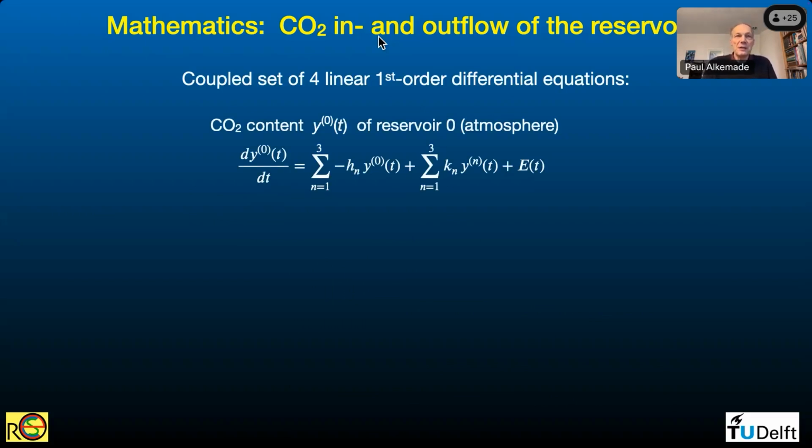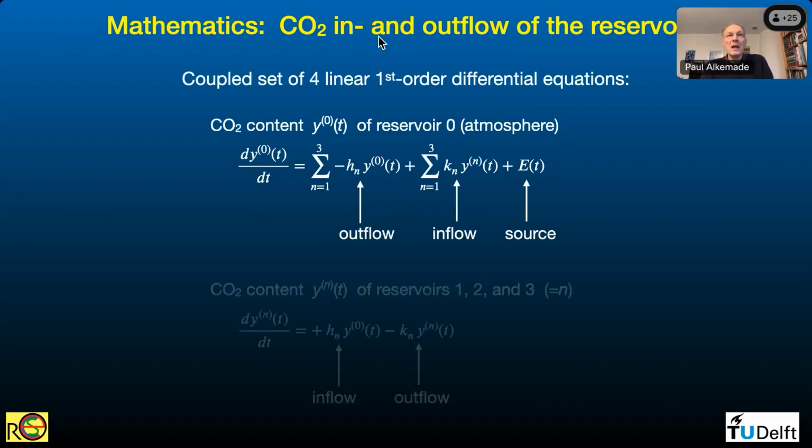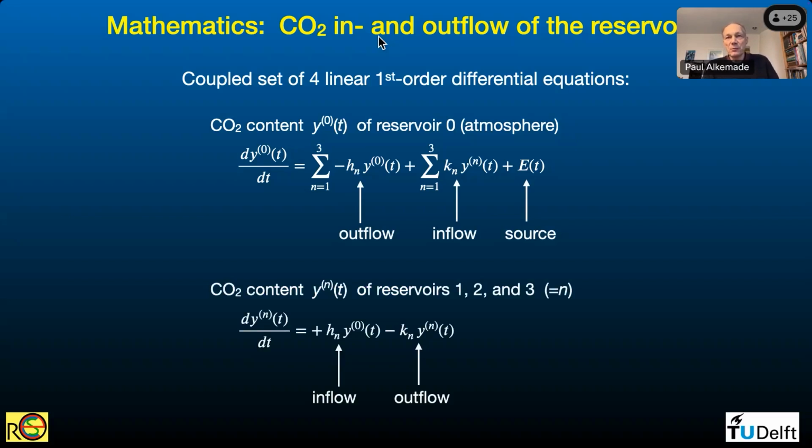The change in time of Y, the CO2 content, is the sum over the outflow to the side reservoirs plus the sum of the inflow from the side reservoirs plus the emission term E. The CO2 content of the side reservoirs 1, 2, and 3 is almost similar, but there is no source in that one. So here we have 4 first order differential equations.